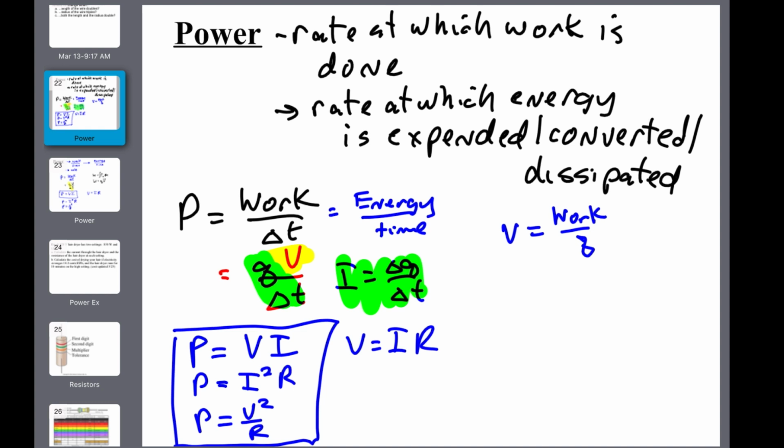Substituting that in, we get power is V times I, the electric potential times the current. With a couple of substitutions from V equals I times R, we can write the power equation in three different forms, and we'll use whichever is convenient based on what we know.